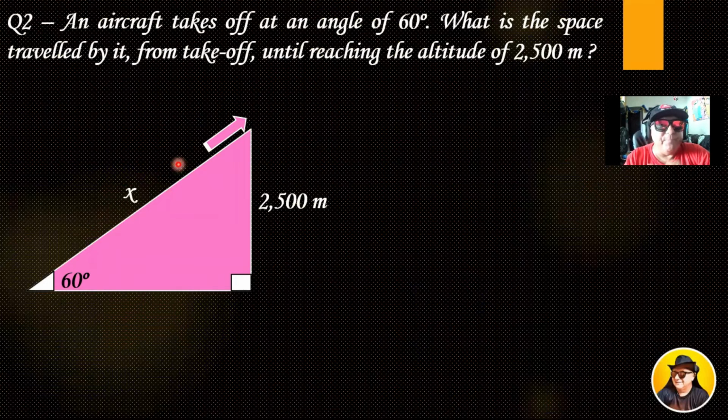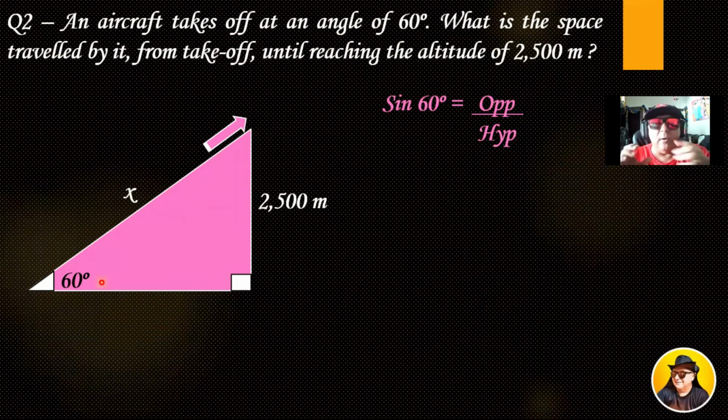So what involves hypotenuse and the opposite? This is the opposite side to 60 degrees, isn't it? Yes, it is. So question number 2 is a sine. Very good, because sine involves opposite side and hypotenuse.